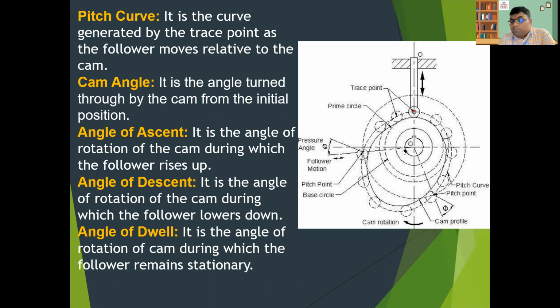The angle of descent is the angle of rotation of the cam during which the follower lowers. After the follower starts coming down, until it reaches the lowest position, this is called the angle of descent.